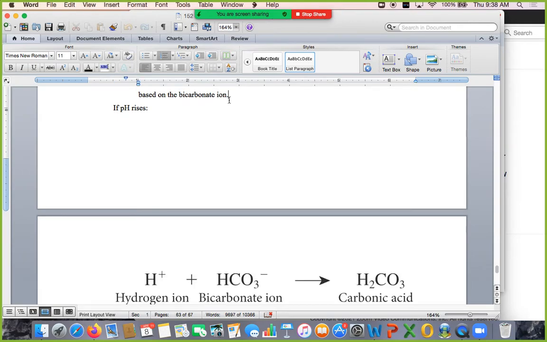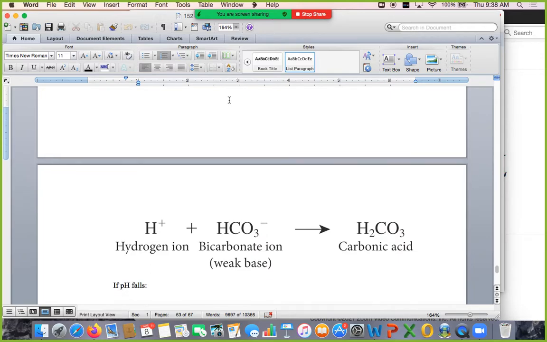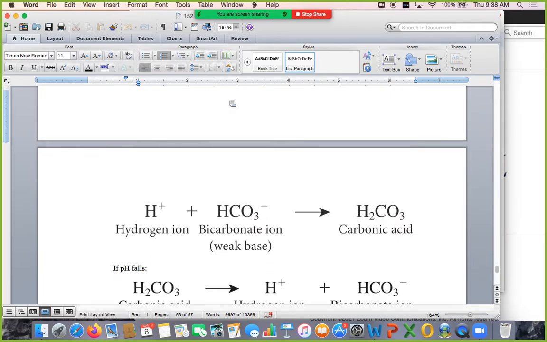Right? And so if the pH rises, then the hydrogen ion and the bicarbonate ion, I'm sorry, this is the next set. So this is the third one. This is going to be the bicarbonate carbonic acid buffer system, which is one of the most common ones in the blood supply. Basically, if the pH rises, that means we have extra hydrogen ions in solution.